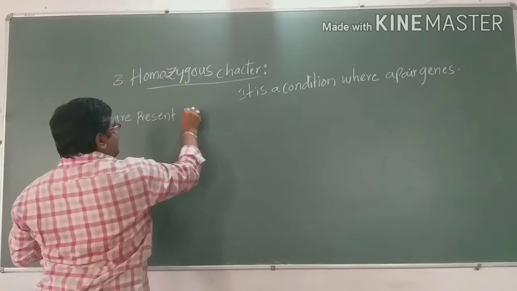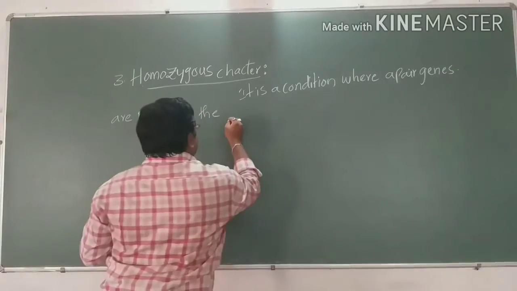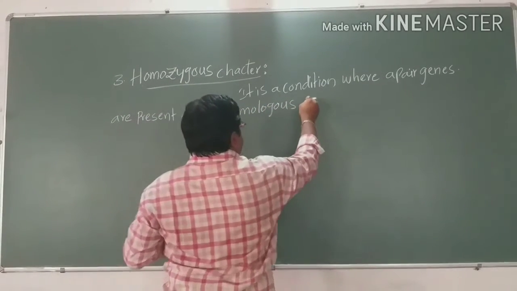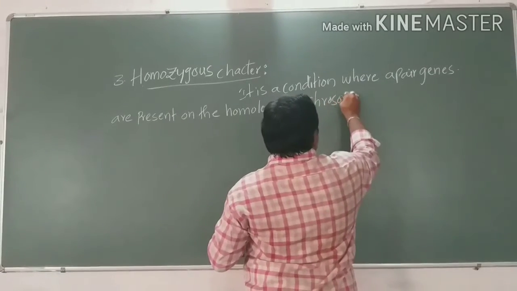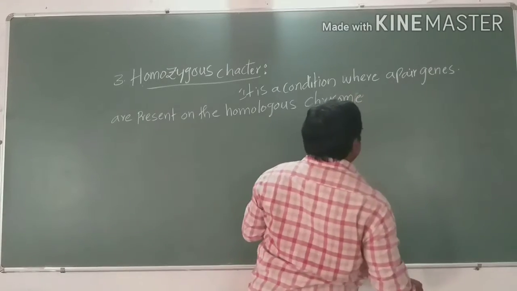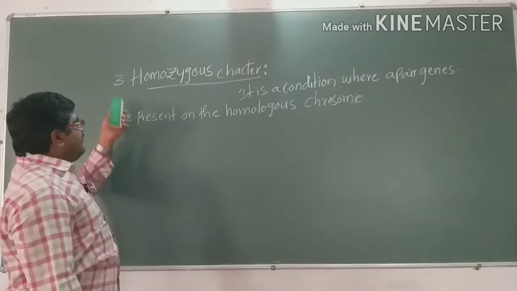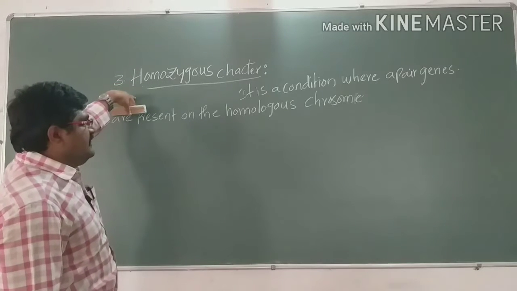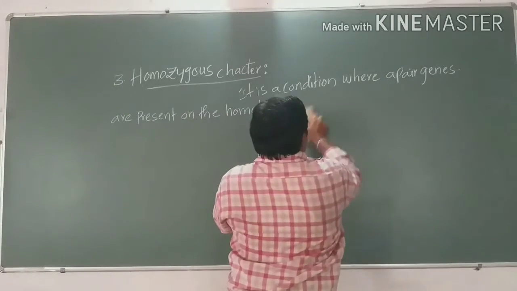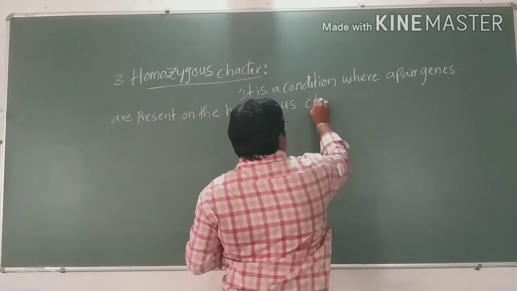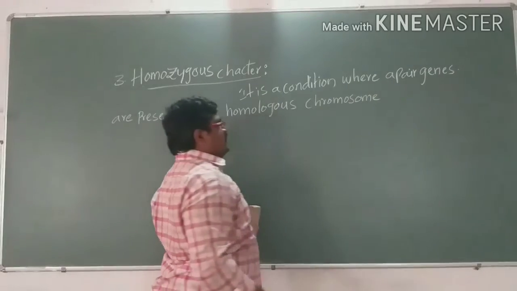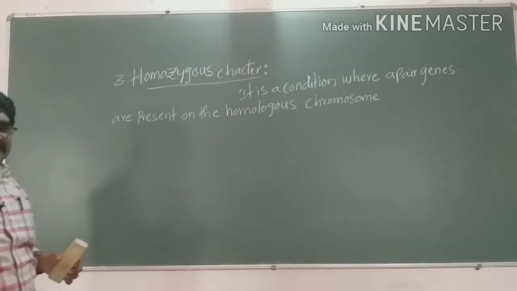present on the homologous chromosomes. A homologous chromosome is where a pair of genes are present.